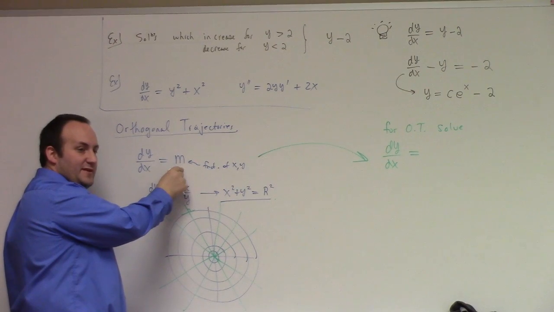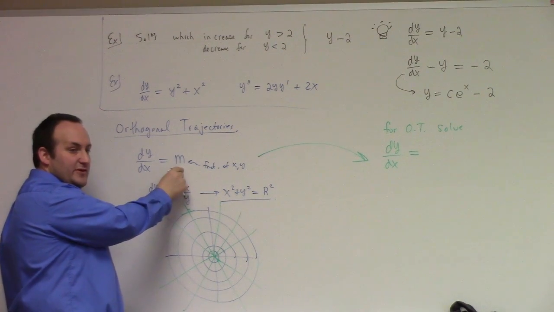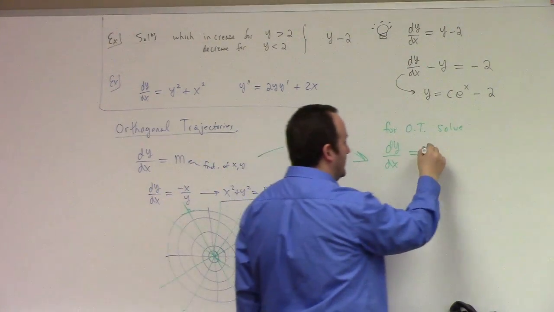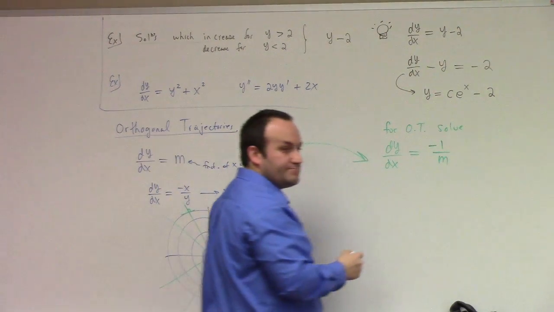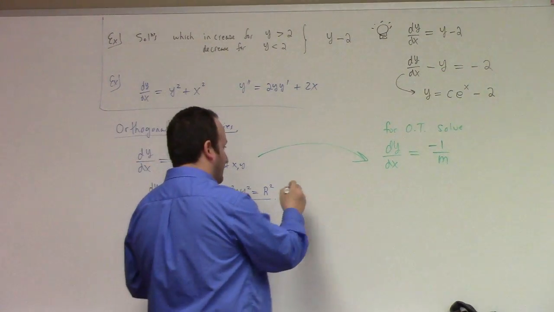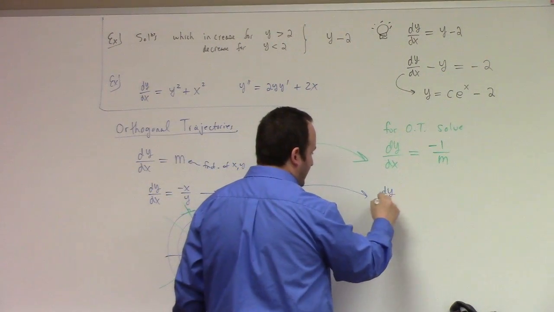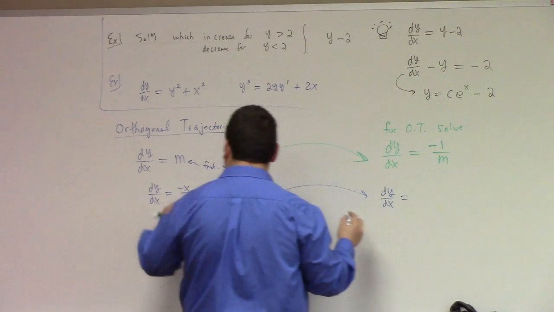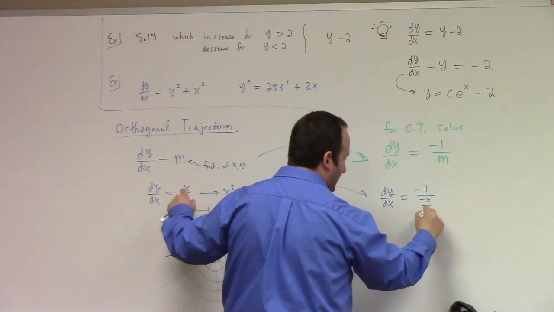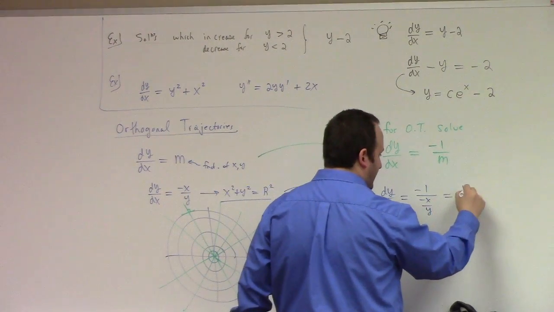Remember, if I have a line with slope 3, the perpendicular line has slope minus 1/3, right? So I do minus 1 over m. So as that applies to this problem, we would solve dy dx equals minus 1 over minus x over y, which, by the way, is y over x.